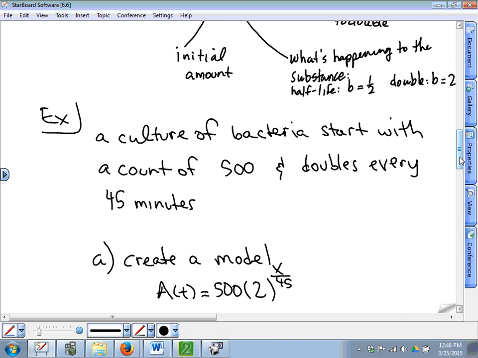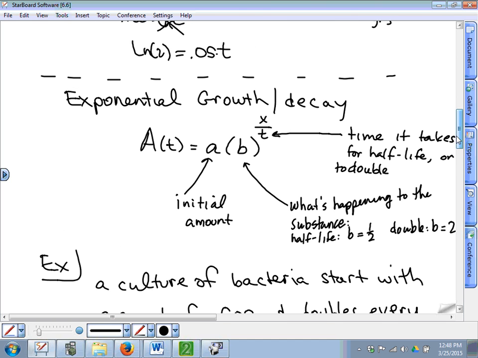The amount at any time. Actually, not that it's a huge deal, but this is bothering me. Go back up here. I'm going to put the t up here, and the x.